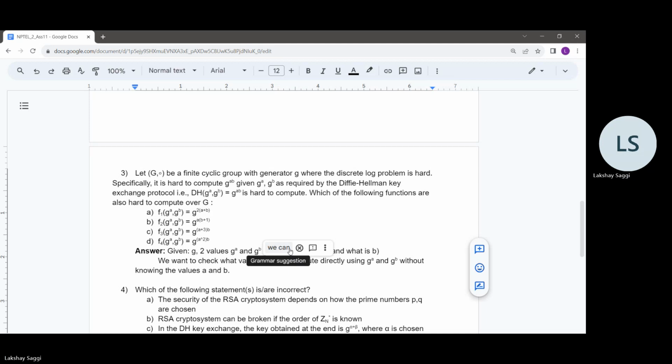So we just want to check, given G to the power A and G to the power B, what values we can compute without knowing A and B.